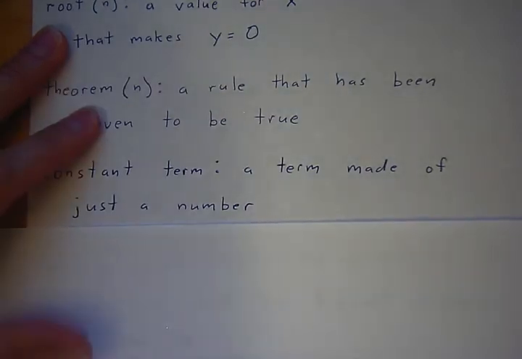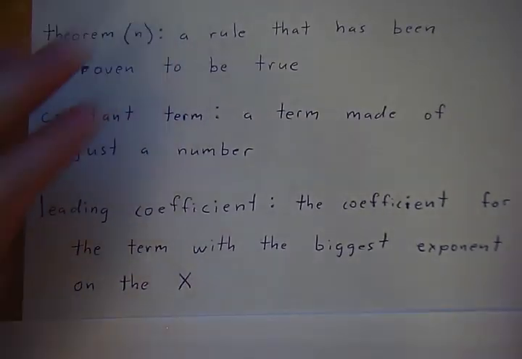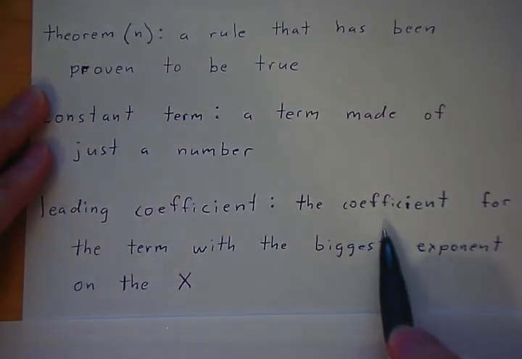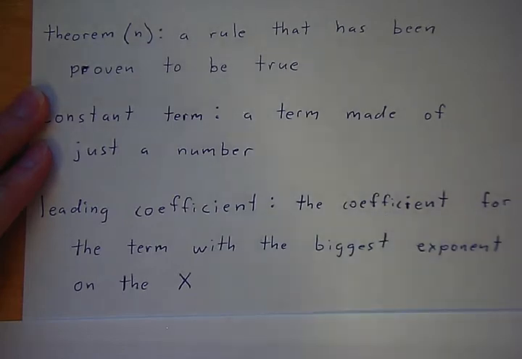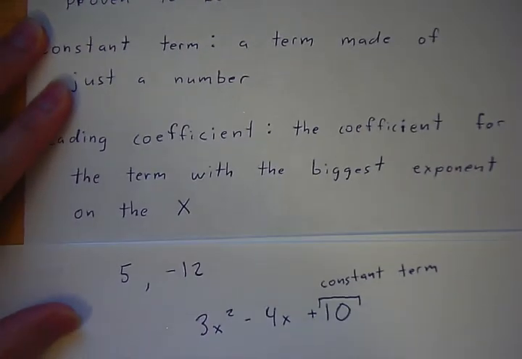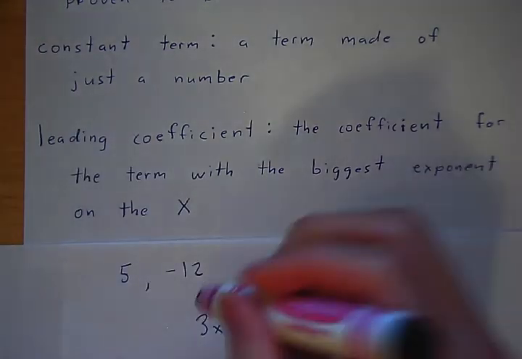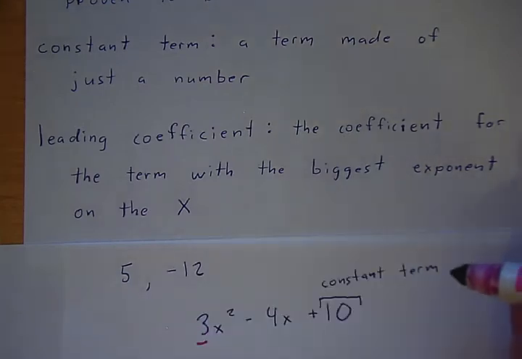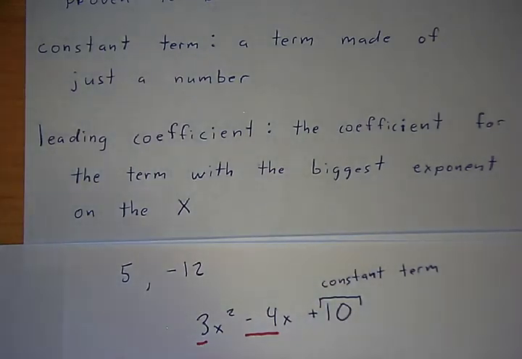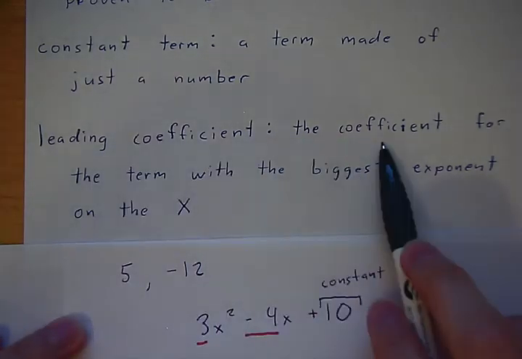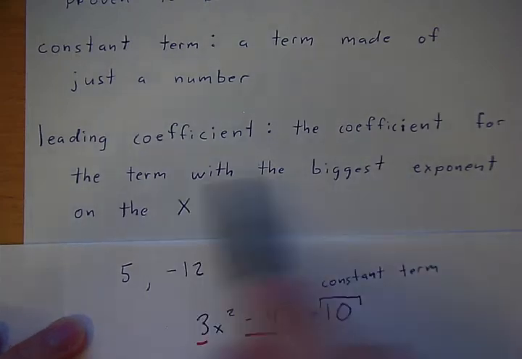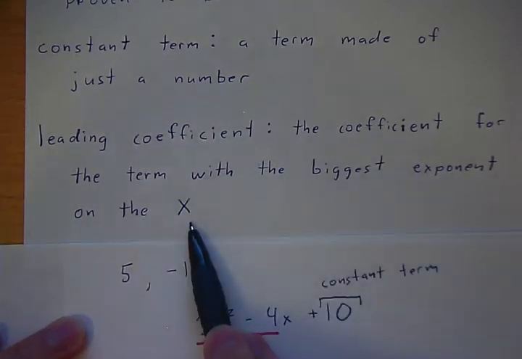Next word, leading coefficient. The word coefficient means the number in front of the x. So in this polynomial we just talked about, this 3 is a coefficient. This -4 is a coefficient. And a leading coefficient is the coefficient for the term with the biggest exponent on the x.